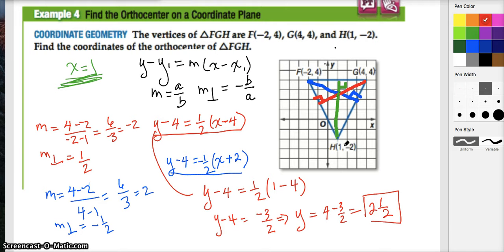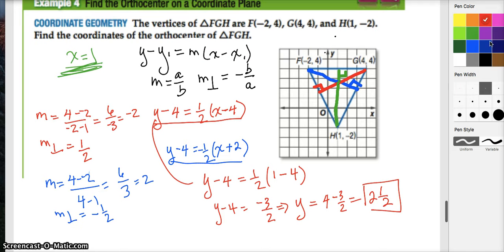And just because we're going to be efficient, awesome mathematicians, let's go ahead and check it in the other equation, shall we? Let's check it in the blue. So I'm going to take y minus 4 and let it equal -1/2 times (1 plus 2), plugging the 1 in for x. When I do that, I get that y minus 4 is equal to -3/2.